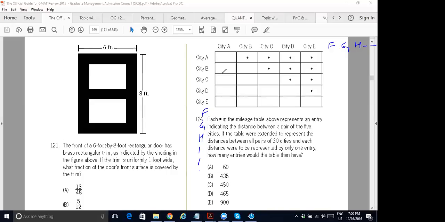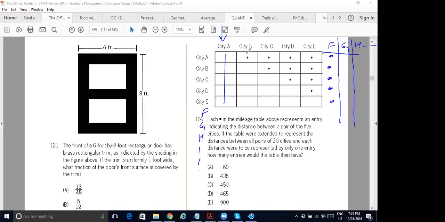That is true. But if I have an F here, then A and F, there will be a dot. B and F, C and F, D and F, E and F. So 29. So first city, first column, there is no dot, because A and A, there will be no dot.